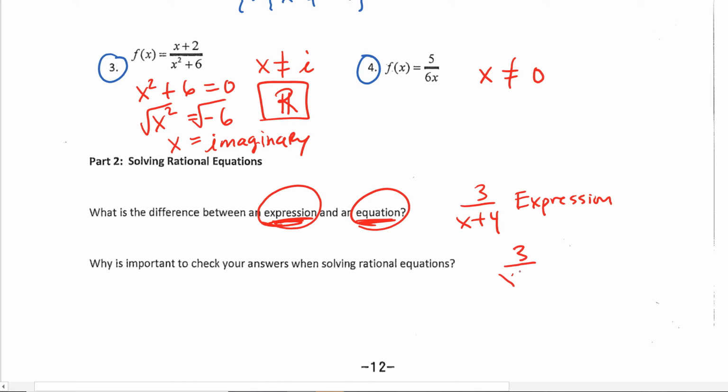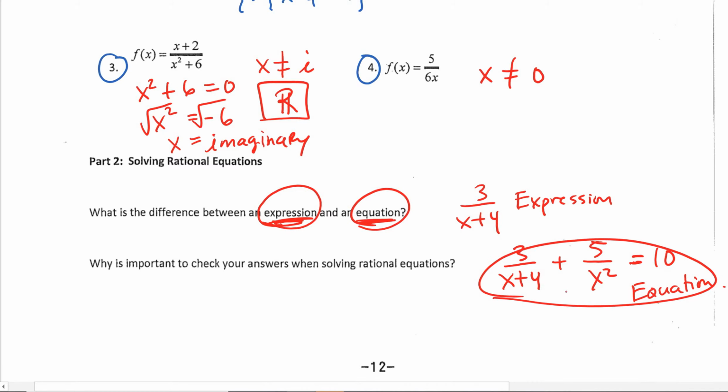So if I said 3 over x plus 4 plus 5 over x squared equals 10, I now have an equation. What's the difference? An expression can only be simplified. An equation can actually be solved. So we could take this problem and actually figure out what x is if we wanted to.